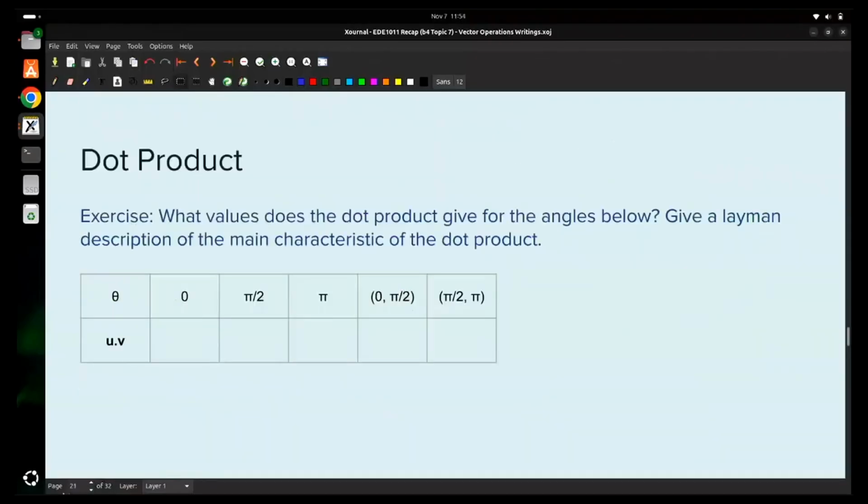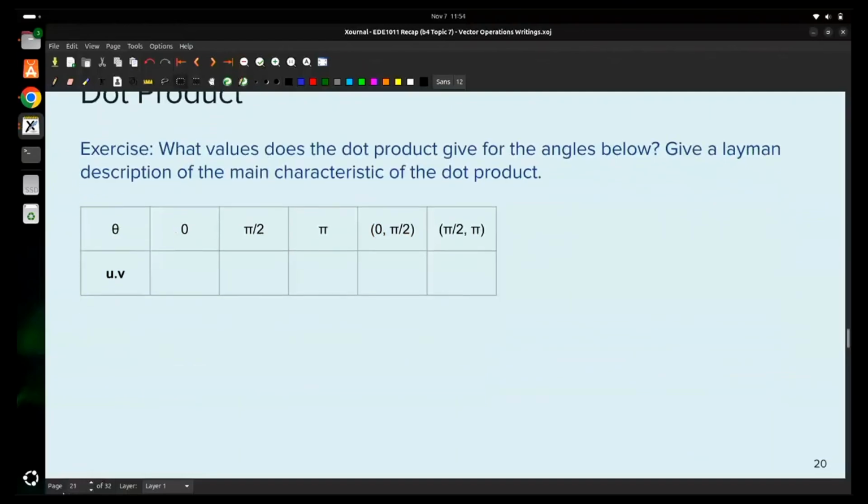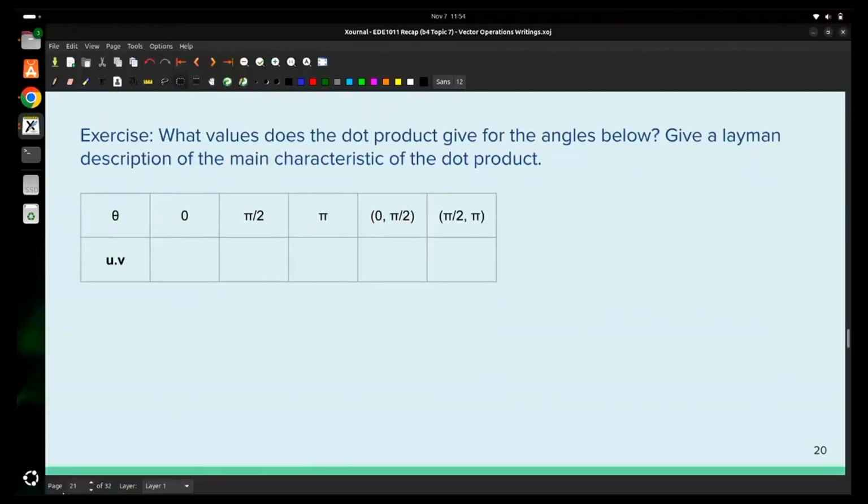Okay, so let's look at this exercise, and then I want to give you a layman description of the dot product. Because the dot product looks like a vector operation, but actually there's a layman understanding. First, let us write down the dot product values here.